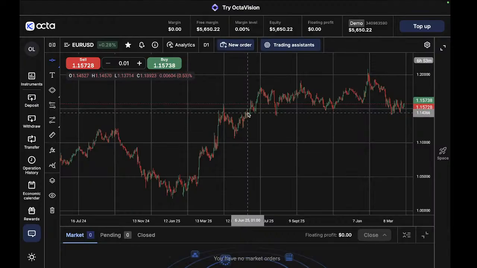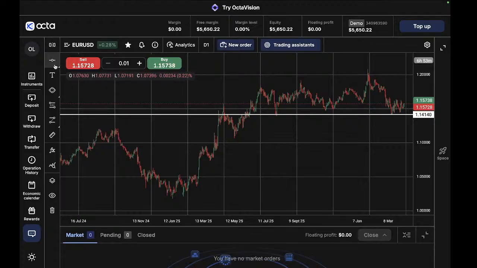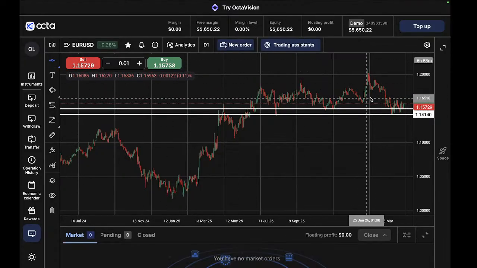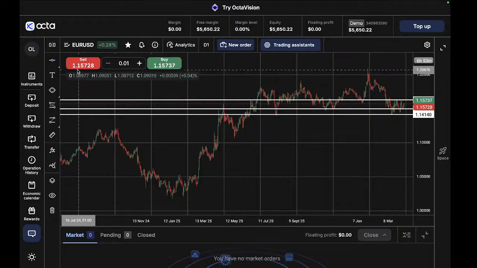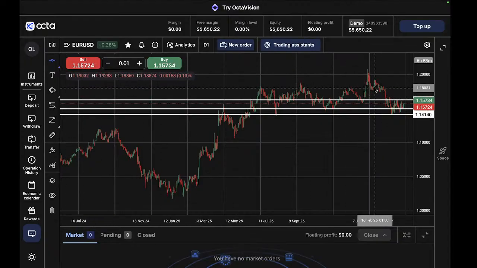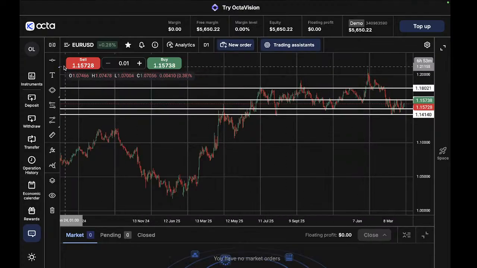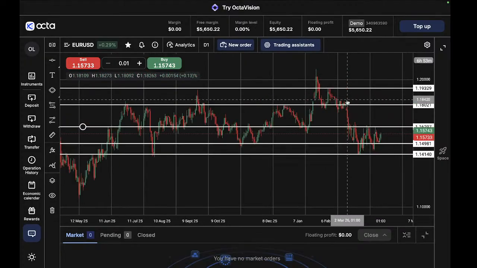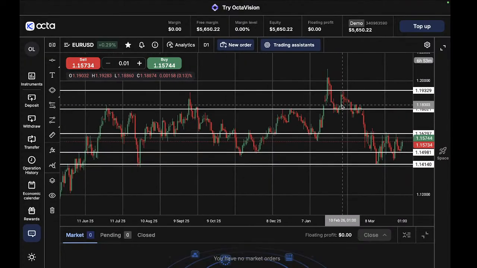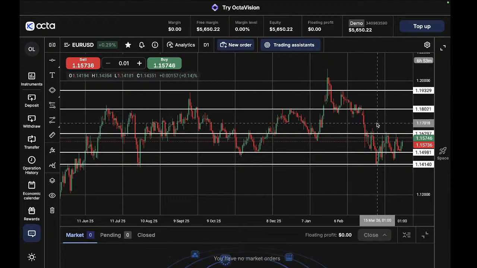So we have one here, we have another one here, another one here, another one here, and another one here. So these are levels of support and resistance.